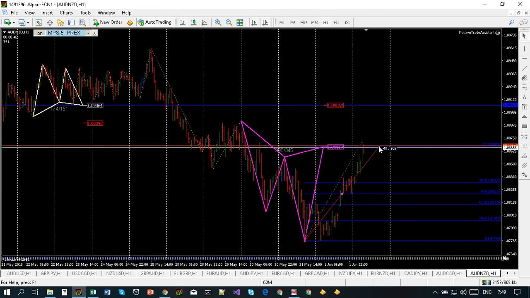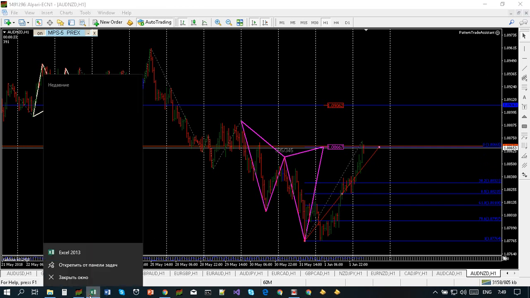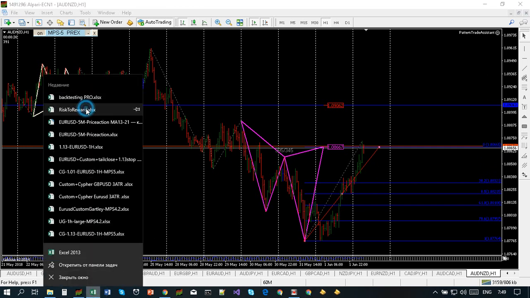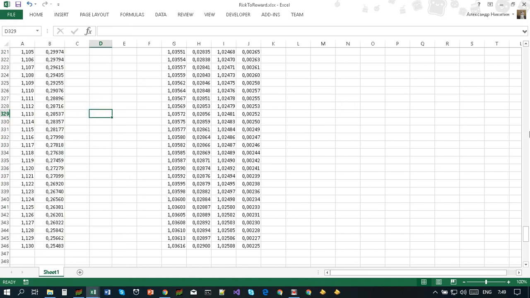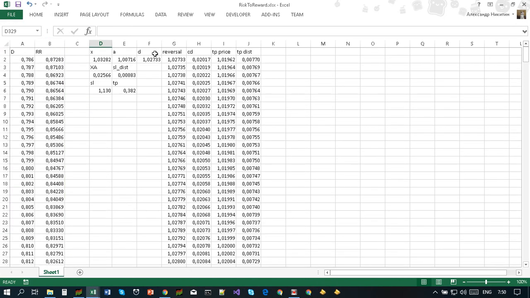Well, what will you have if you place your order this way? The risk to reward will be 0.87. I will tell you the exact number if I go to open my risk to reward Excel spreadsheet. So it shows, depending on where the reversal takes place, exactly at 0.786, just touch and reverse, a very rare situation but sometimes it happens, you will have the risk to reward of 0.87.